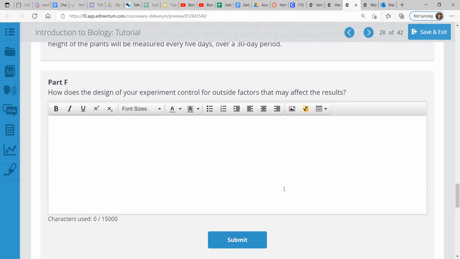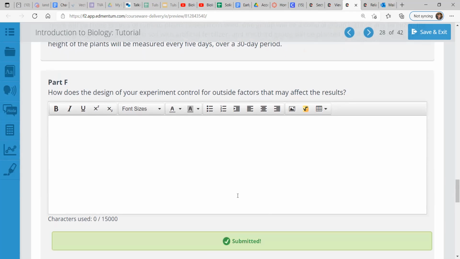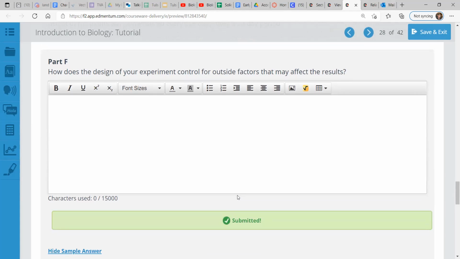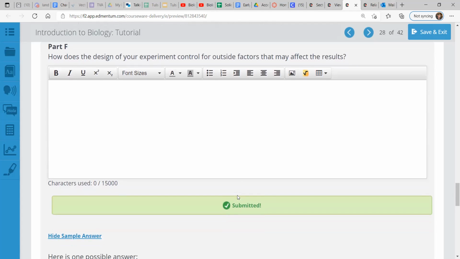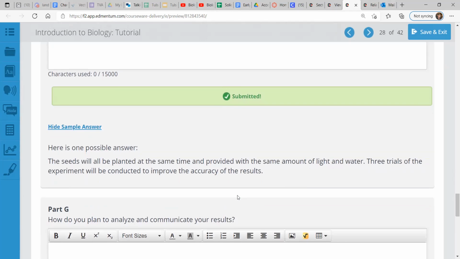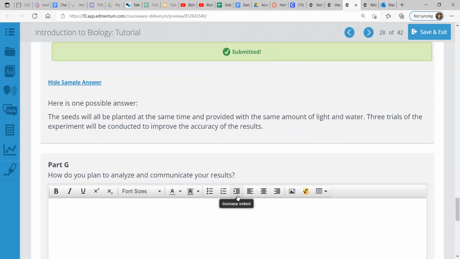How does the design of your experiment control for outside factors that may affect the results? Controlling outside factors is very key because you want to know the independent variable is having the effect and not something you're not keeping an eye on, and that can lead to false results, shoddy scientific work.